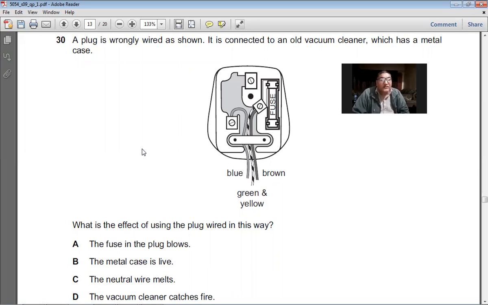So what is the effect of using the plug wired in this way? The fuse in the plug glows, maybe. The metal case is live. Yes, the metal case has become live.